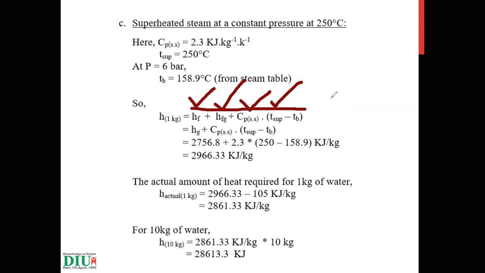But sir, where will we get the TB, the boiling temperature? Okay, so you will get this boiling temperature also from the steam table. You see that at P equals 6 bar, the boiling temperature is 158.9 from the steam table. Let me show you.